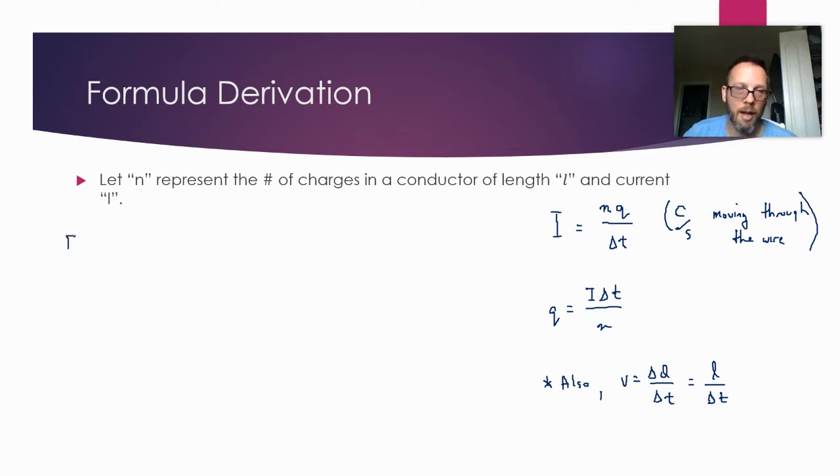Now we're going to make use of our force on a moving charge: Fm equals Q V B sine theta. We want to know the force on the whole wire, so we take our expression for Q, I times delta T over N, and plug it in.